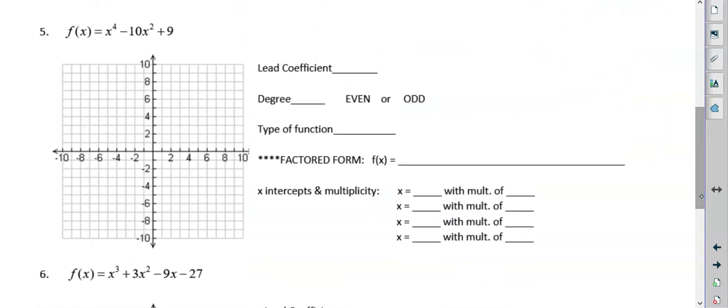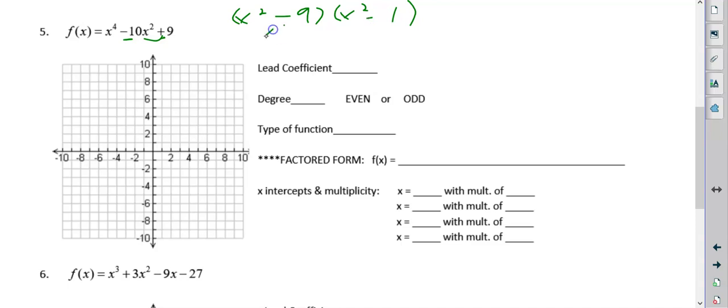All right, this one's going to factor, again, just imagine this was a 2 and this was a 1. It's going to factor the same way. It's going to factor in 2 numbers that multiply to 9, that add to 10. Well, that's 9 and 1. Okay, so these are going to be x squareds. And since this is negative, these are both going to be negative.